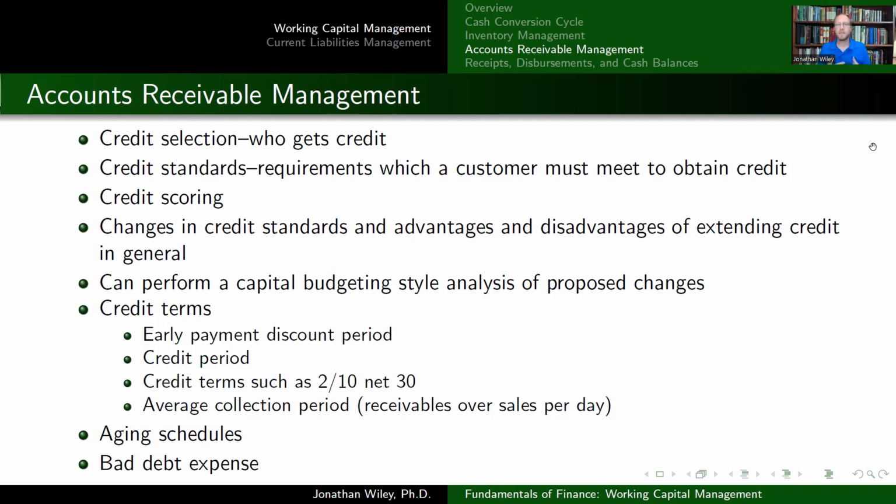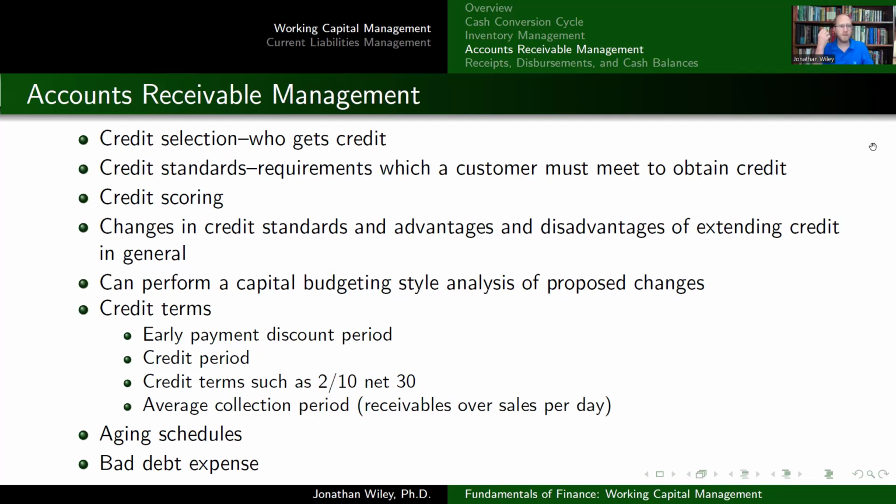If customers are therefore expecting me to extend credit, and I don't provide it, I'm probably going to have a harder time from a competitive standpoint actually selling product when all my competitors are willing to give the customers a few days to pay. So from that standpoint, probably I'm going to have better sales by extending credit.